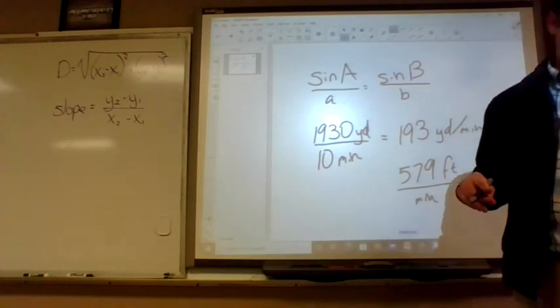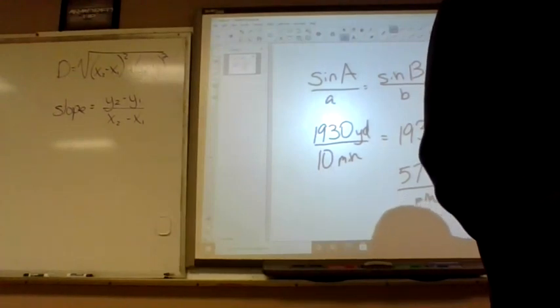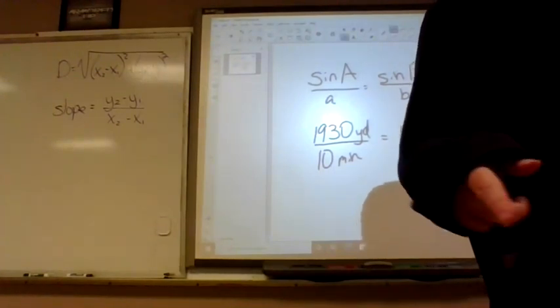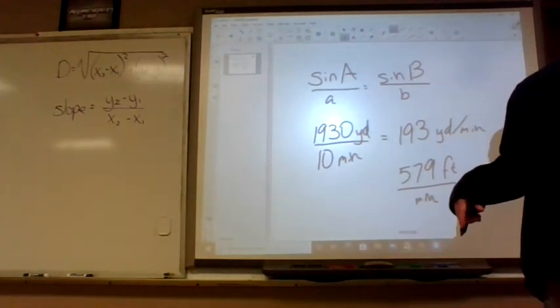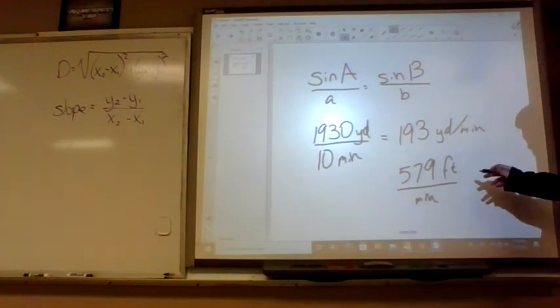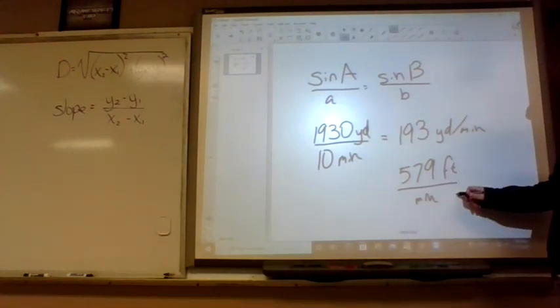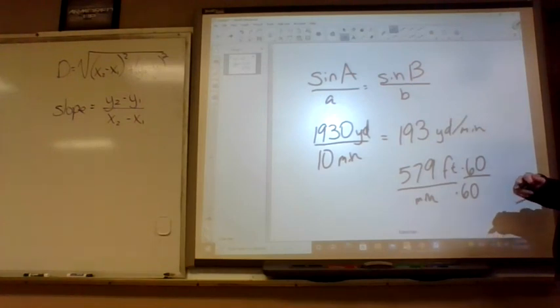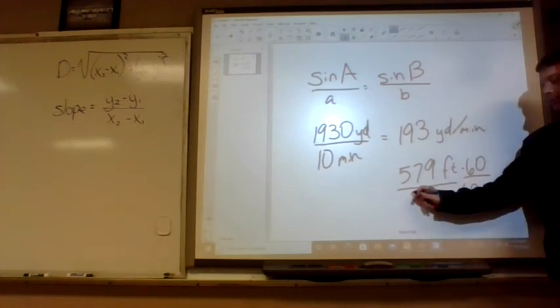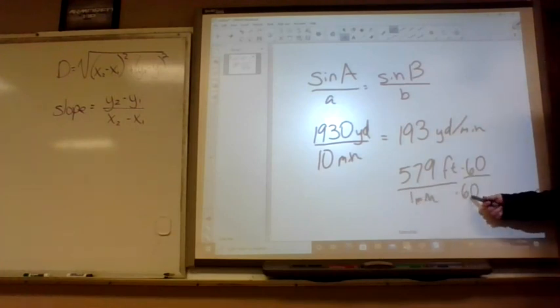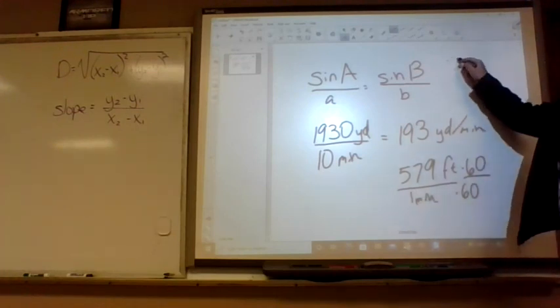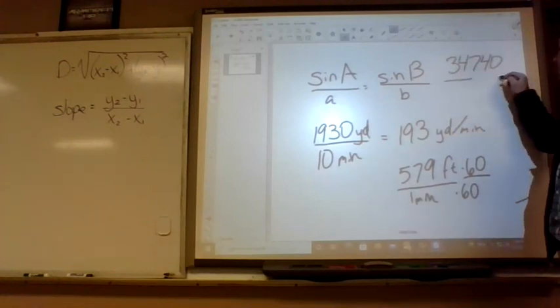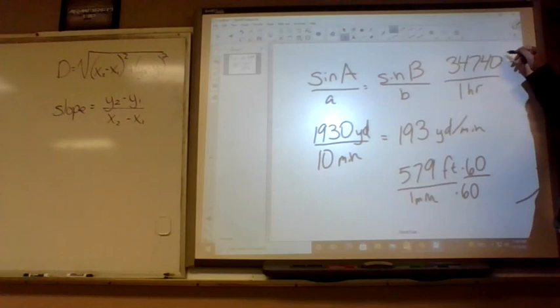And we want to turn it into knots, nautical miles per hour. To turn minutes into hours, we'd have to multiply by 60. 34,740.